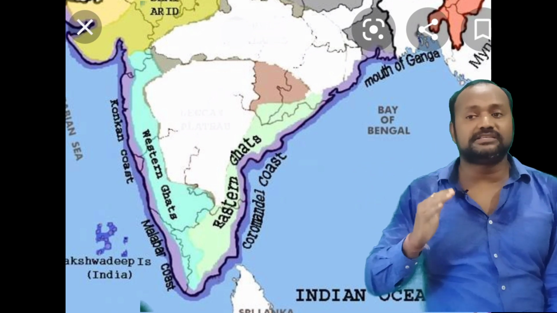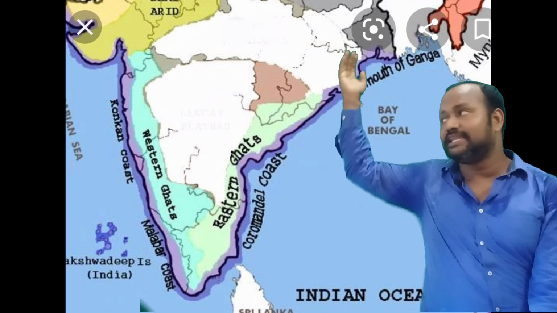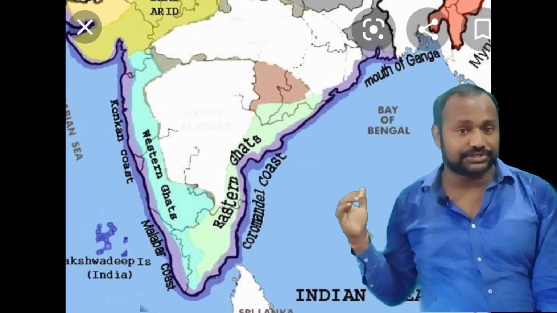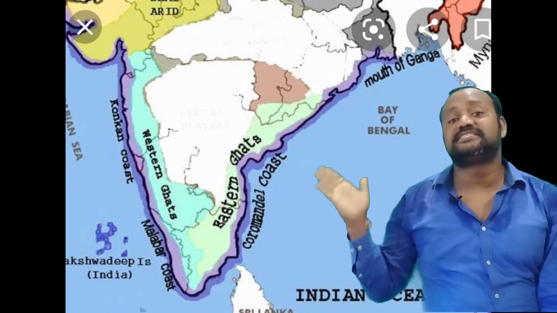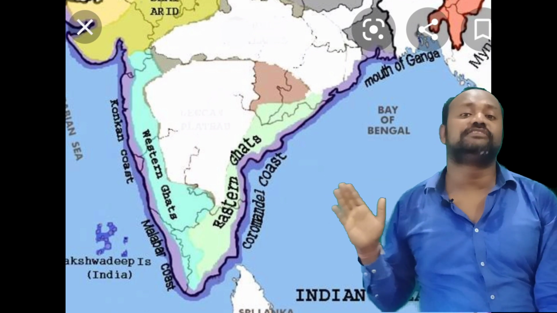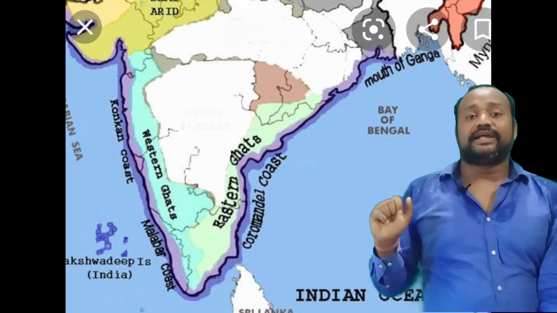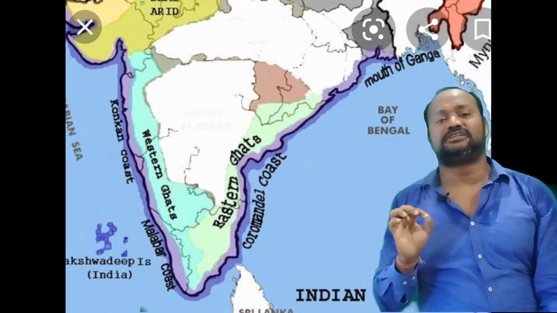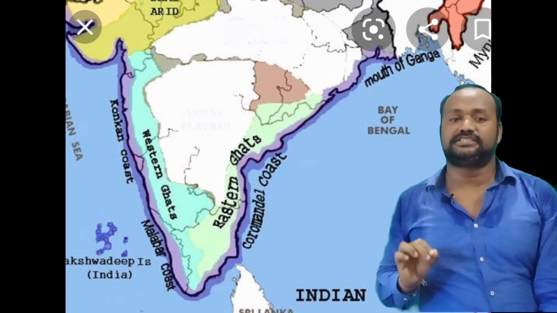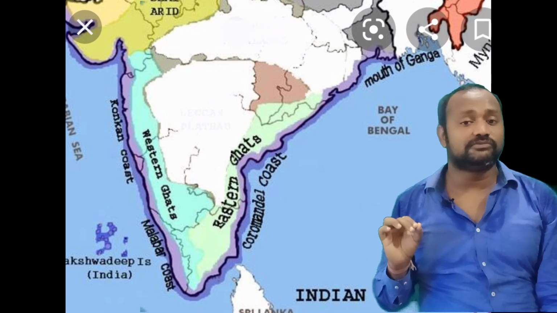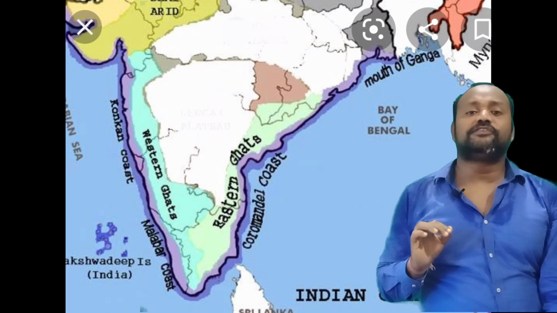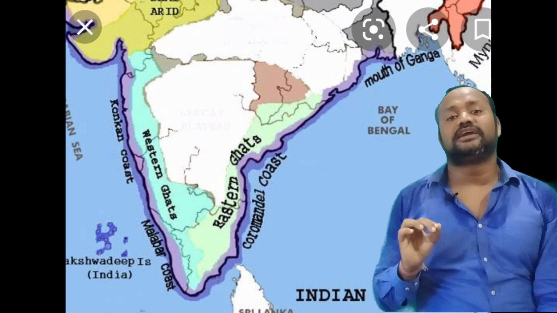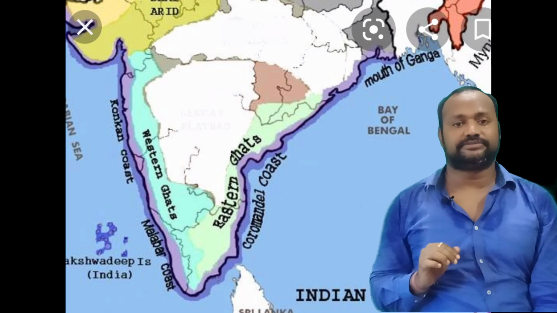Another thing is that the Eastern Ghat is discontinuous, or dissected by many rivers, meaning the hill ranges found in the Eastern Ghat are not continuous, they are dissected by rivers or river valleys. Now the question is, why do most of the rivers flow through the Eastern Ghat and not the Western Ghat? First of all, because the height of the Western Ghat is higher compared to the Eastern Ghat.